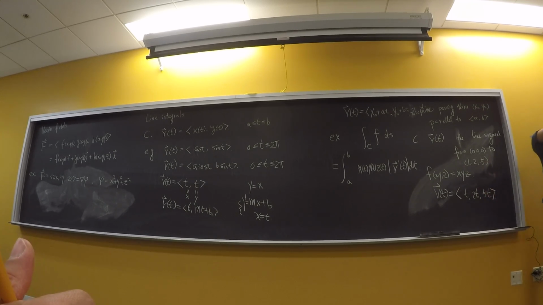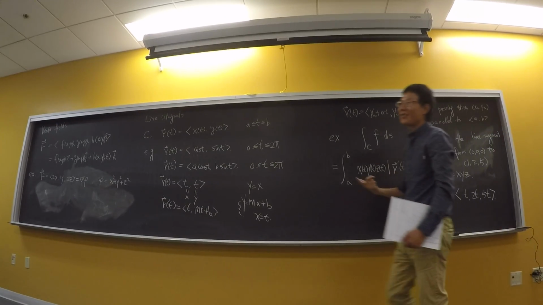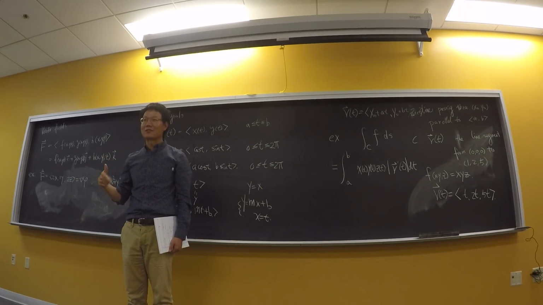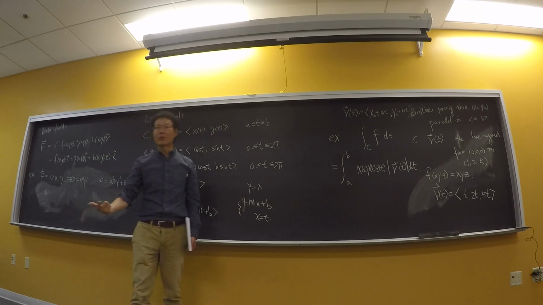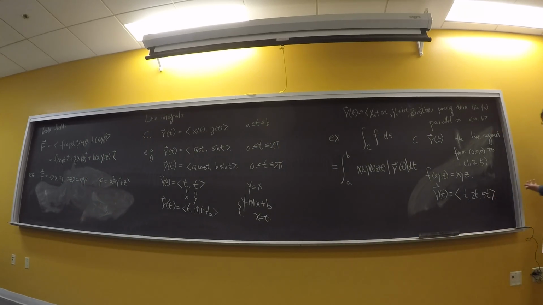Are you with me? Not only can I check it passes through these 2 points, I also checked the initial time and terminal time. Because every time I have a parametric equation, not only do I have to have these equations, but also I have to have the range of the parameter.